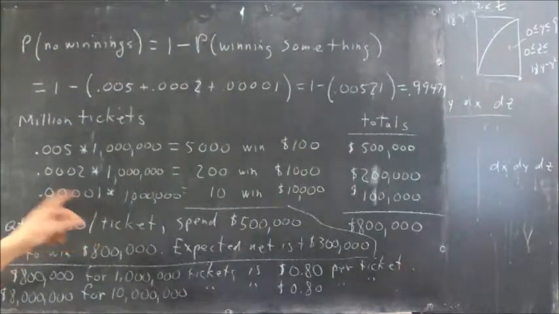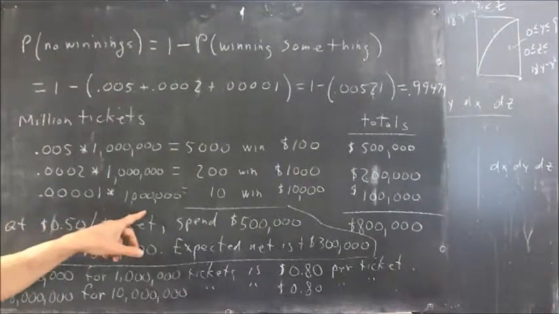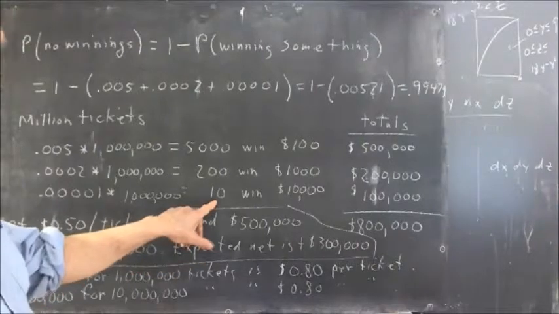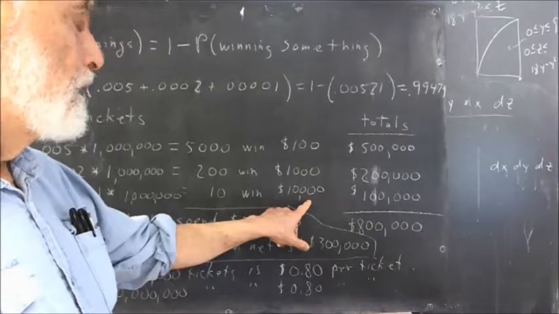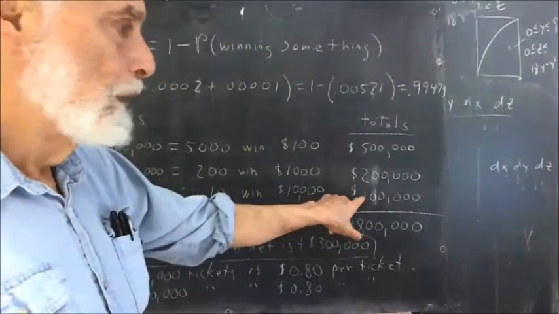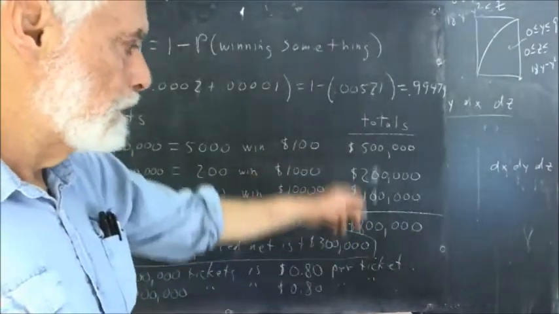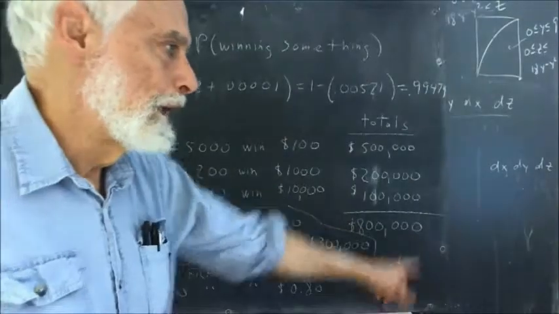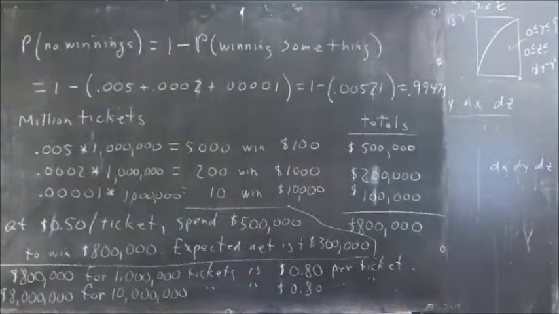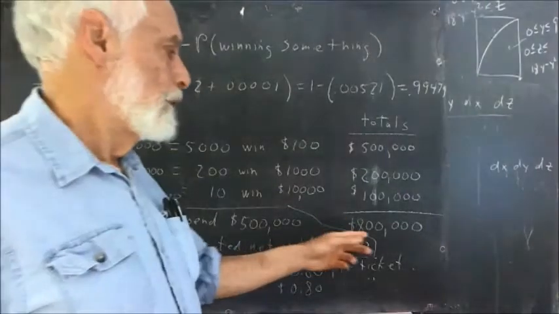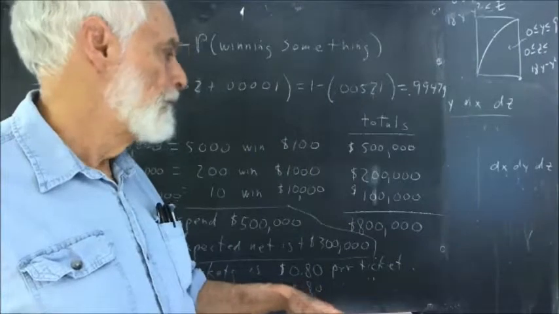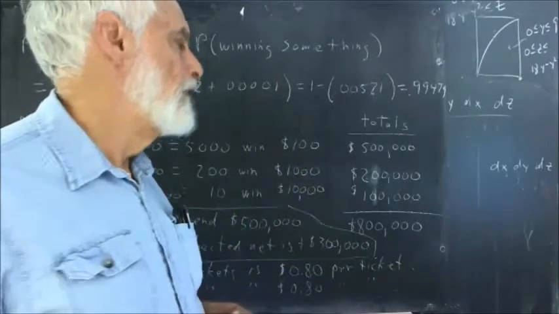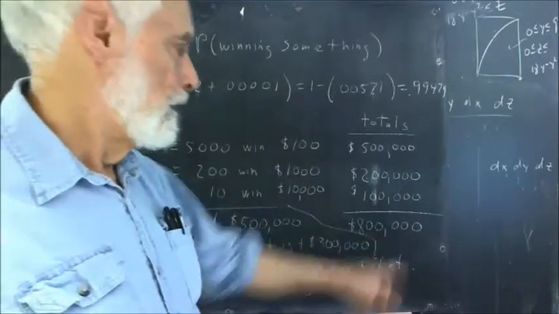And here you have 1 in 100,000 chance of $10,000. That comes out 10 times that you would expect to win $10,000, and that would be worth $100,000. So you have a total value of $800,000 on 1,000,000 tickets, and the actual total you win would be probably a little bit over or a little under $800,000, but probably wouldn't differ drastically from $800,000.